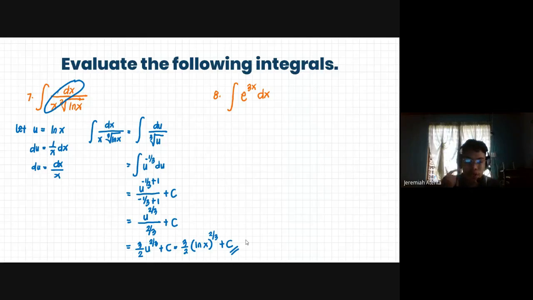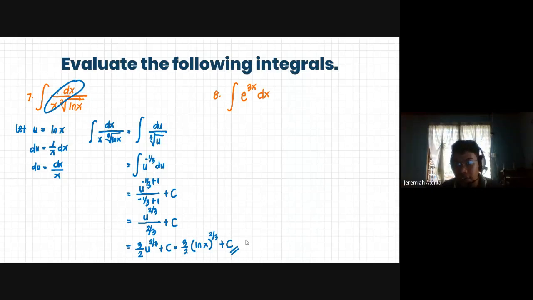Okay ba? So for number 8, we have the integral of e raised to 3x with respect to x. So what do you think is the expression that we need to substitute? So our goal is para we can integrate this one, we must express this one in terms of something that we know or a formula in integration na alam natin.